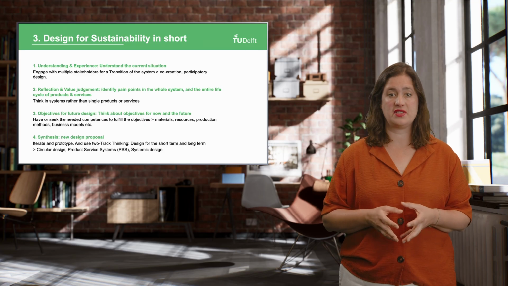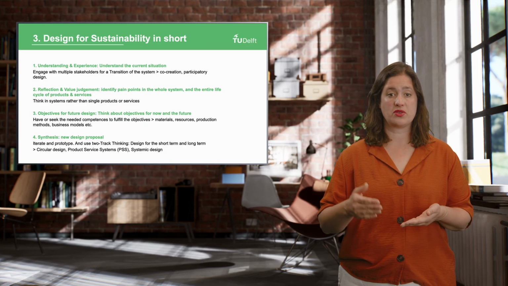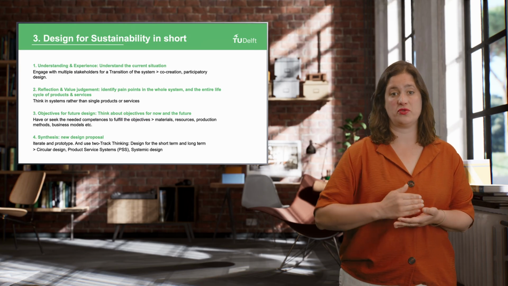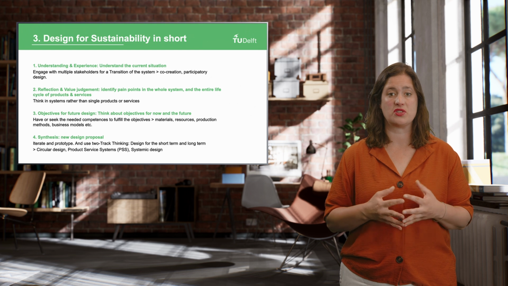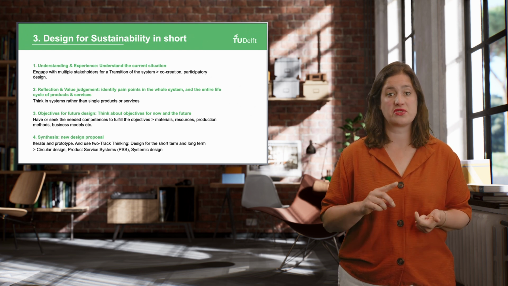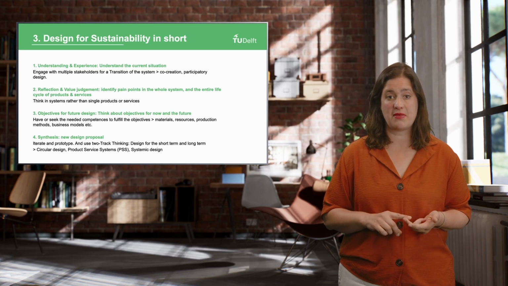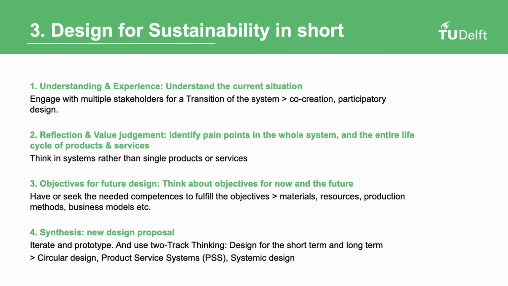Third, there is the activity of formulating objectives for future design. Think about objectives for now and the far future. And make sure you seek the needed competences to fulfill these objectives. For example, competencies about materials, resources, production methods, business models, etc. Finally, there is synthesis.